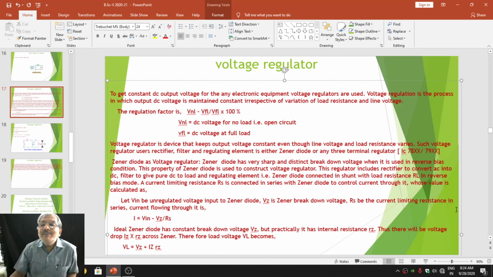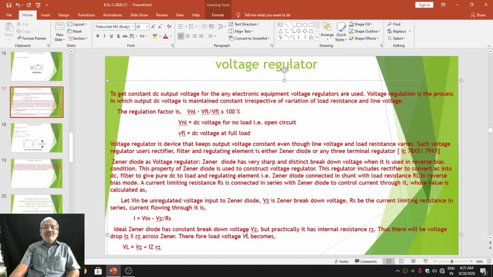RS is the current limiting resistance in series with the Zener diode through which the current flows, and that current is given as I equals (Vin minus Vz) upon RS. If the Zener diode is ideal, it has a constant breakdown voltage Vz, but practically it has its own internal resistance Rz. Thus, there will be a voltage drop IZ Rz across the Zener diode.